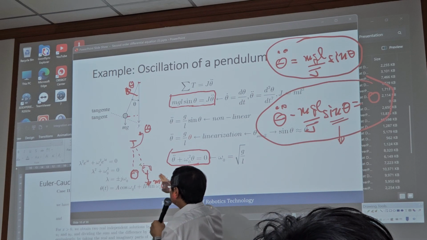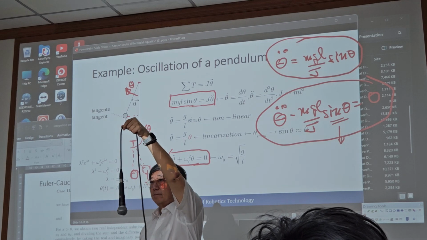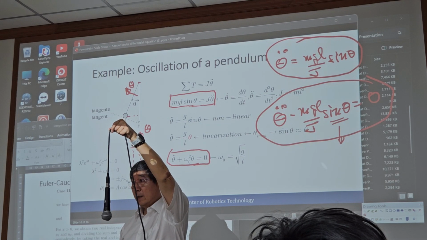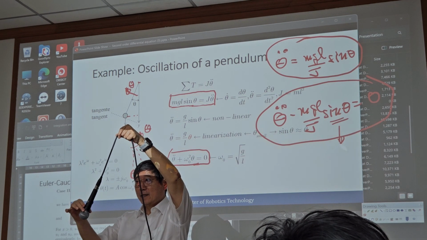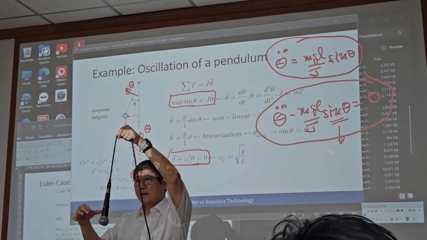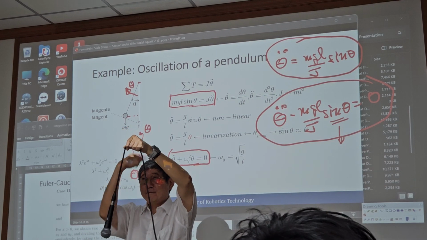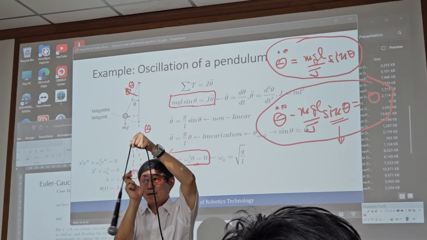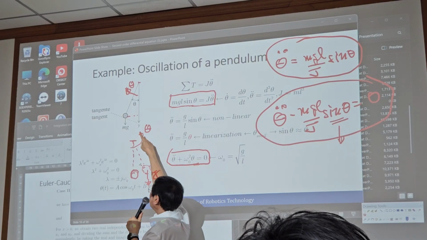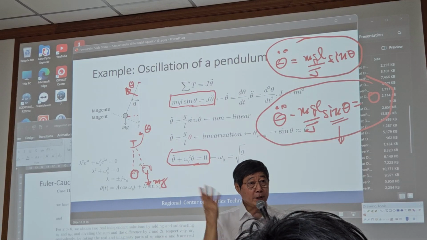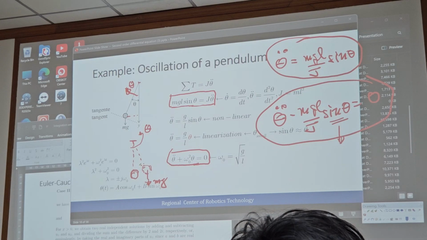Look at this one. If you have this as my equilibrium point, I say my theta will be positive here. The other one is if this theta will be positive. So you have different theta in this case, opposite in direction. Let's say I have my origin here and I move this one to this one.